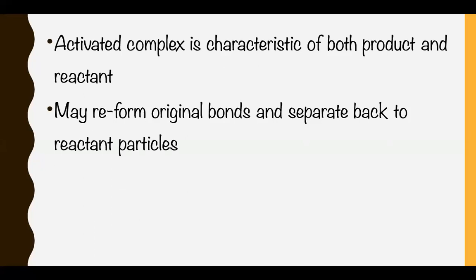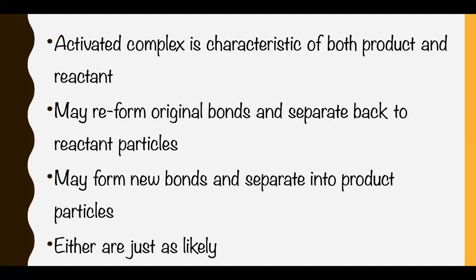And that's why I really love using the ball on the hill analogy, as you might have noticed. So it's not guaranteed that the activated complex will actually complete the transformation into the products. It's kind of a 50-50, either are just as likely.